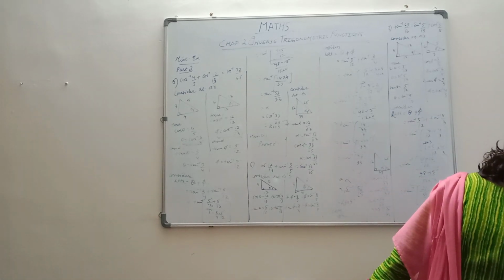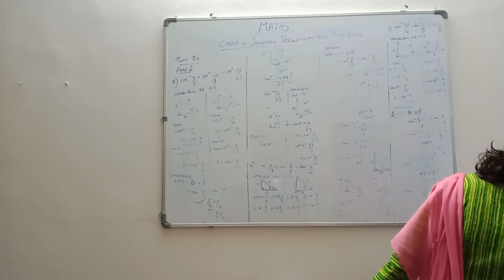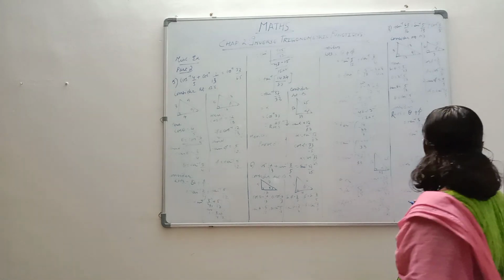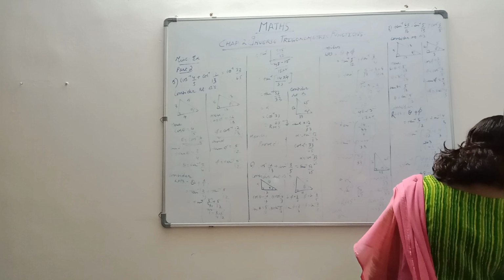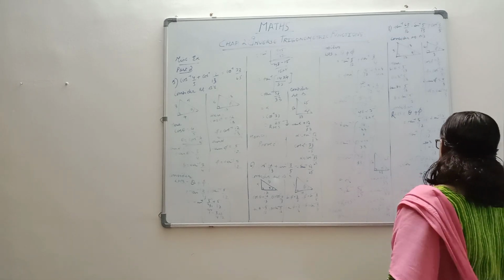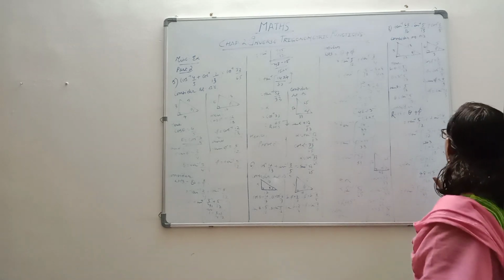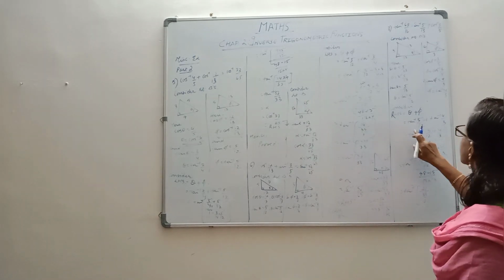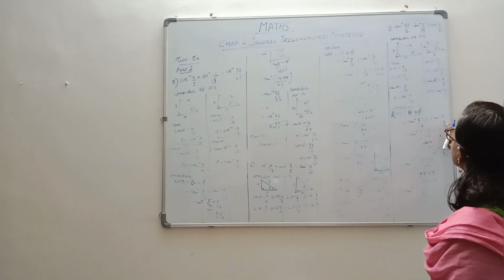Yeah, I'm checking. Somewhere something is not correct. Let me check once again. This is tan inverse of 5 by 12, tan inverse of 4 by 3, correct?